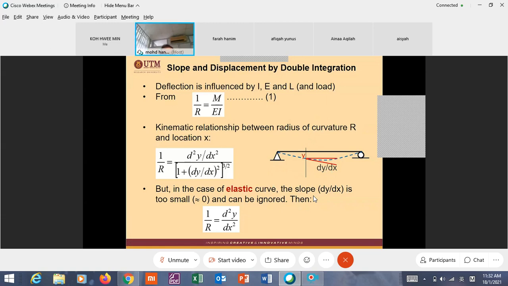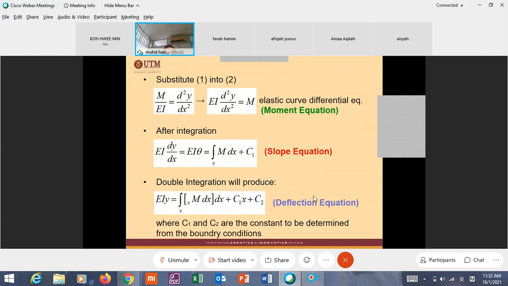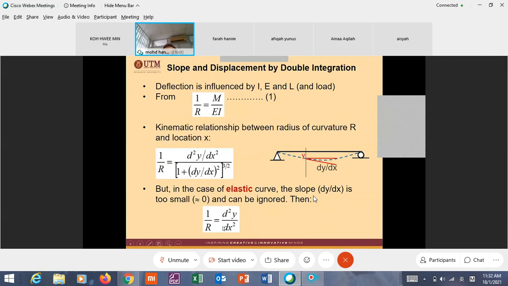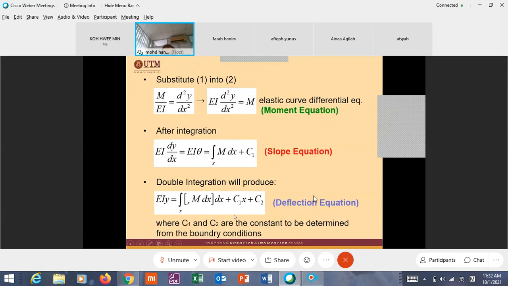What is 0.1 squared? 0.1 squared is equal to 0.01, and it's very, very small. So we end up with this formula: 1 over R is equal to d squared y over dx squared.